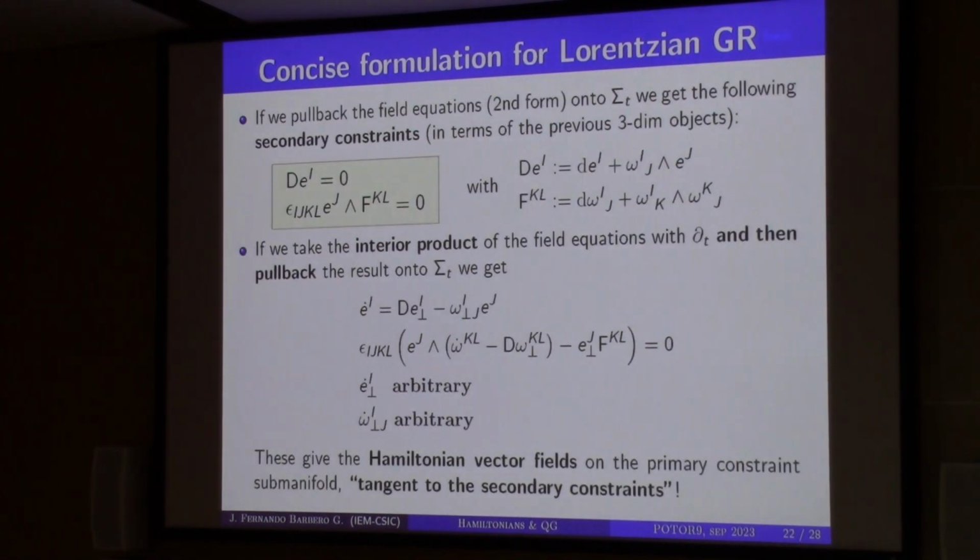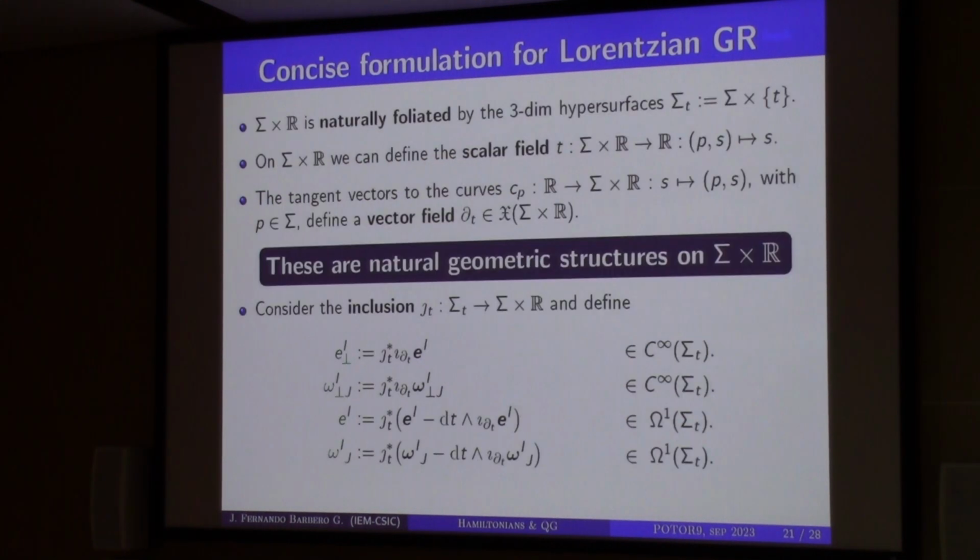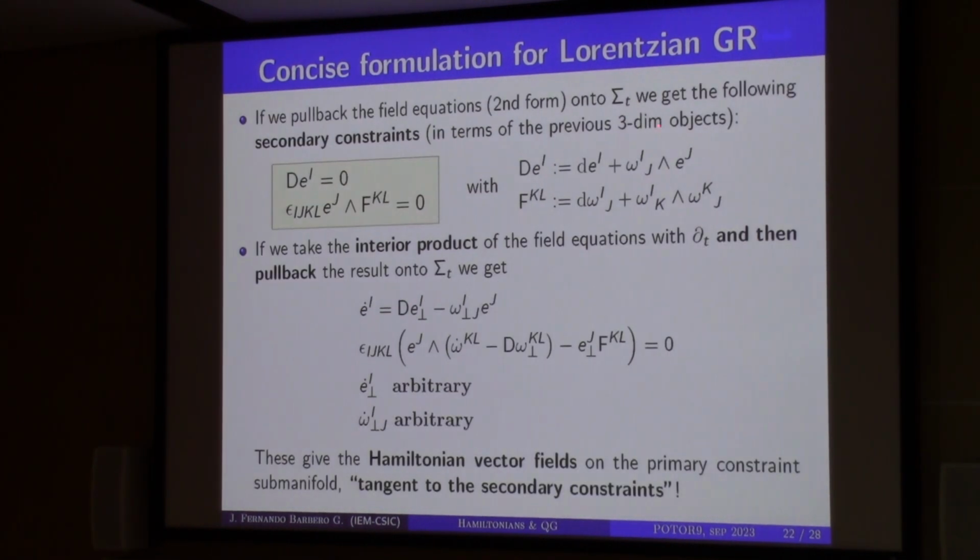Okay, so now, suppose that we do what I said before, that I take the equations in the second form, not in the first form, and I pull them back onto the sheets of the foliation. If I do that, I get these things, which I must interpret as constraints.